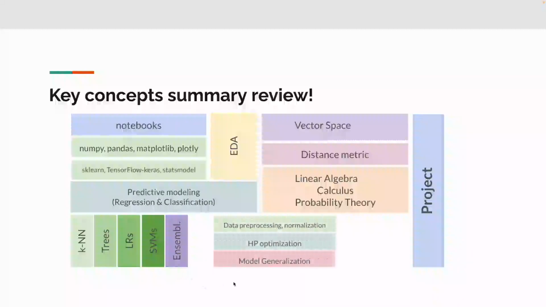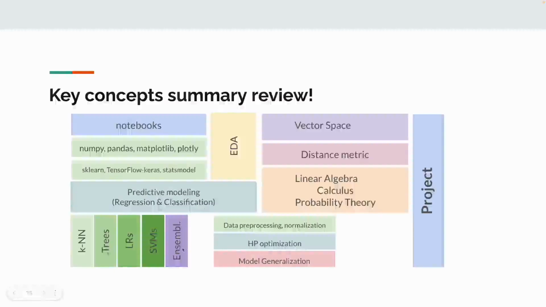We learned about some standard data processing techniques before we do modeling. We learned about normalization, we learned about feature scaling and model generalization. And another step to improve your model is hyperparameter optimization. So some of the models, for example, the linear regressor or logistic regressor, and then SVM and even trees, they have their own hyperparameters.